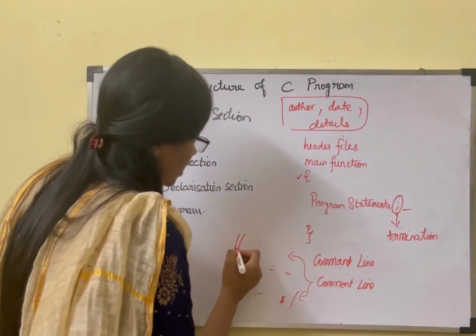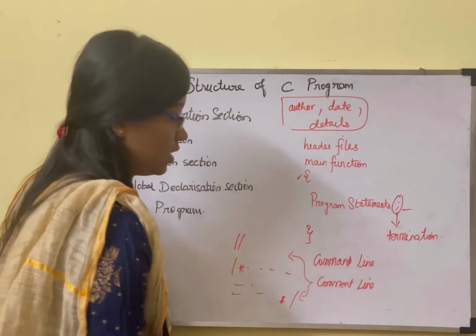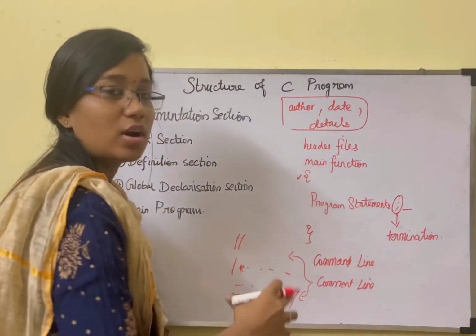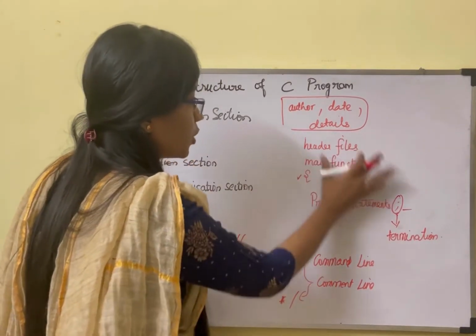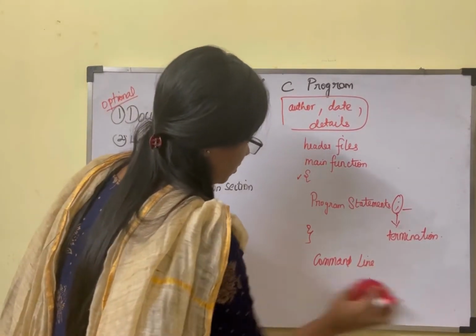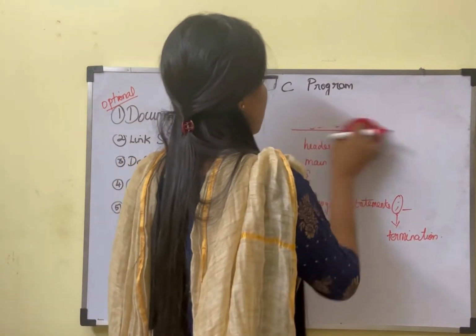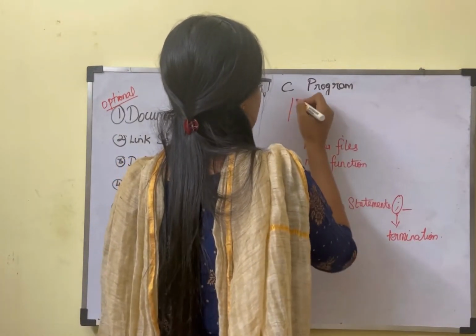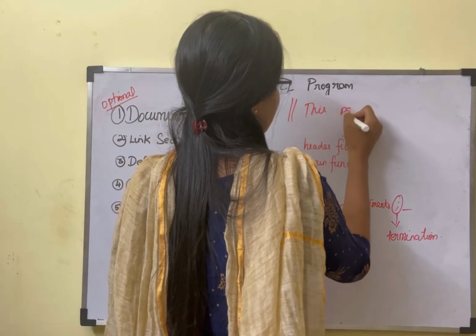Whatever I give in the single line comment will not be error checked. We can write whatever content we want, or whatever we have to remember, about the program. So in a single line comment, I can write a single line, some comment like this program was written by.